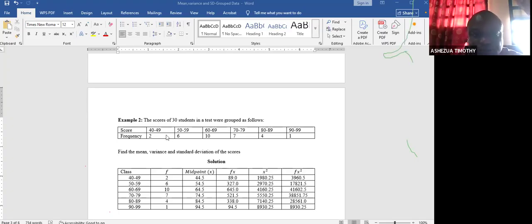Why is this table so scattered like this? I'm already sharing my screen, so it won't work. Between 40 to 49, we have 2. The frequency is 2.